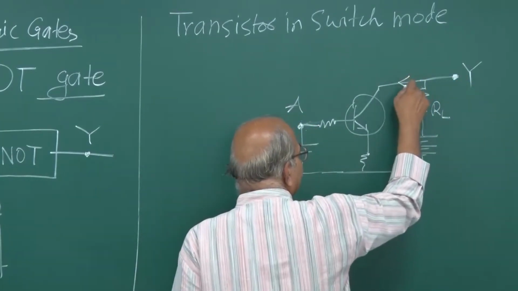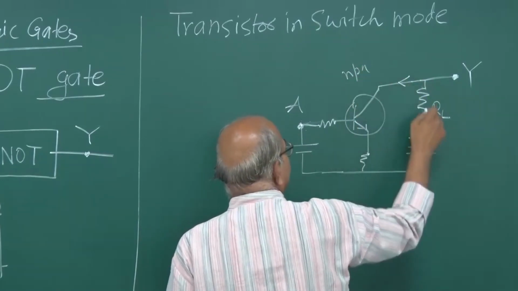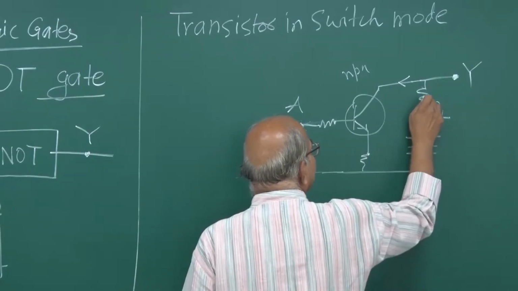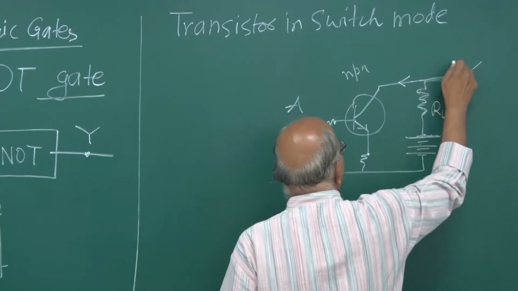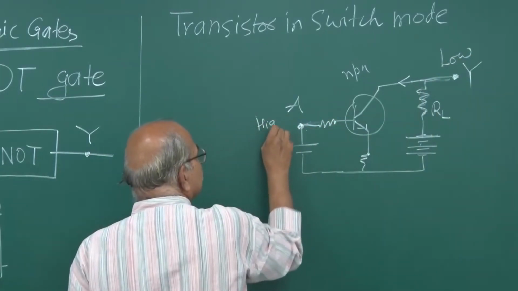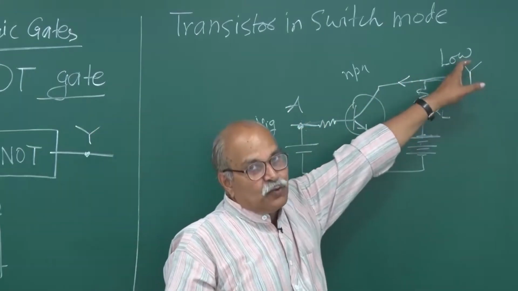The collector current goes like this, it's NPN, remember. This is high voltage, but then you have a drop here, and this becomes low voltage. So if A is high, Y is low.